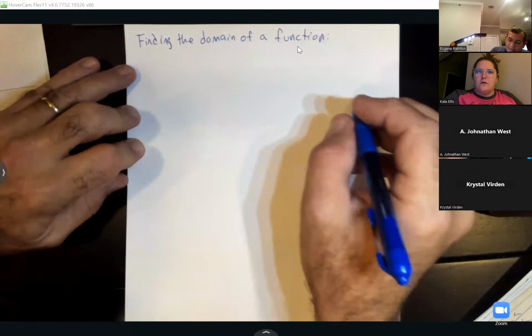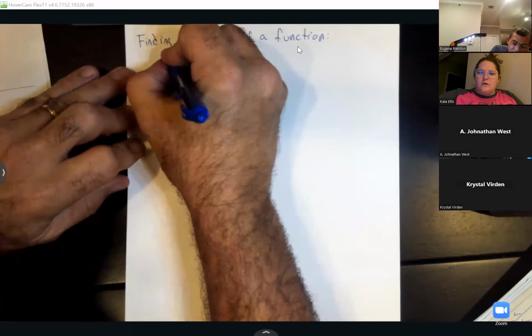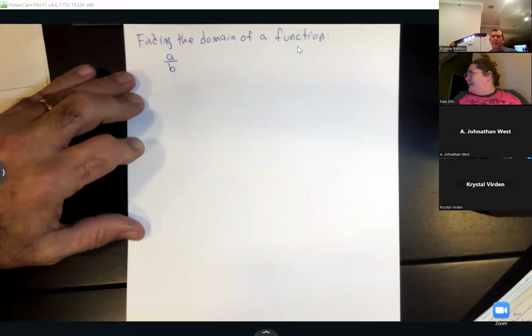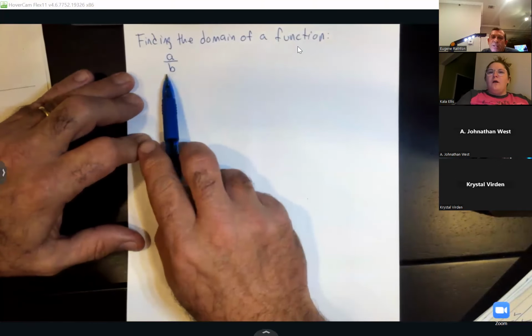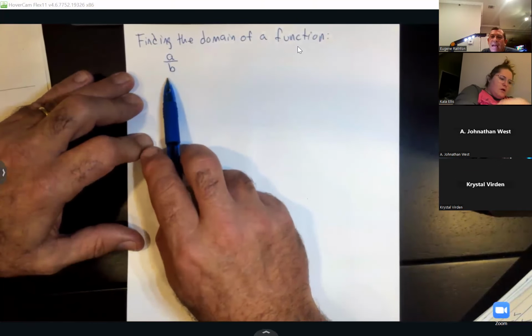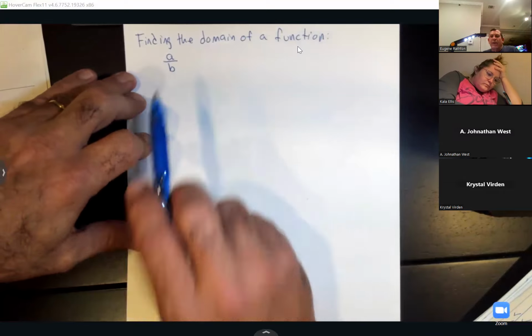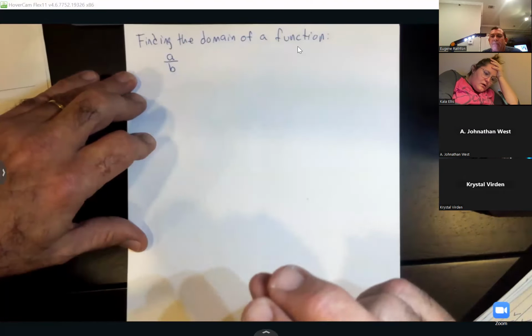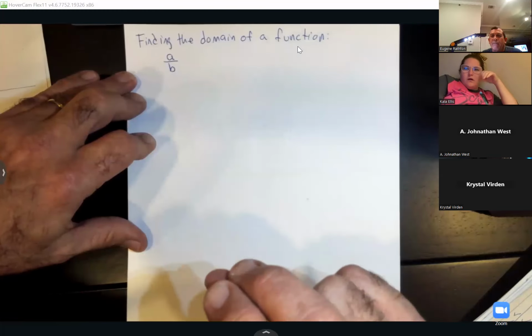So y'all, let me ask you this. What if I had a fraction? For this fraction, any number divided by any number, can you think of any restrictions you might have when you're dealing with a fraction?